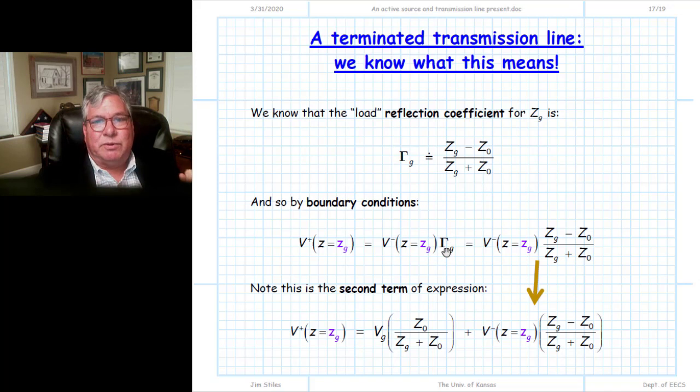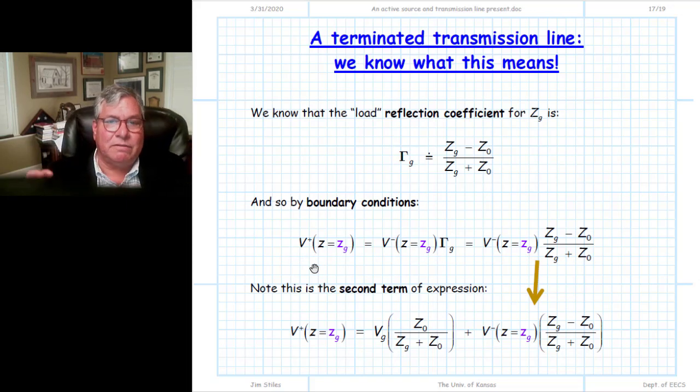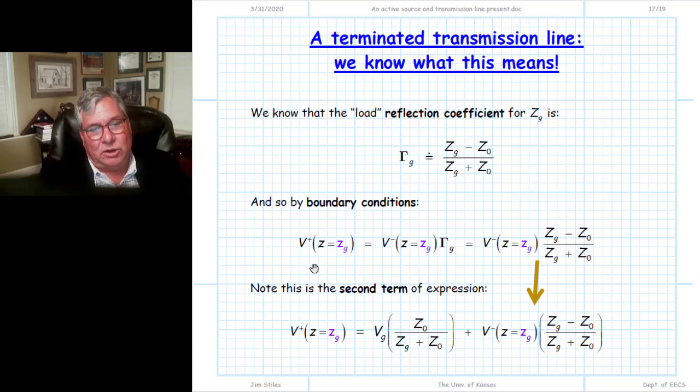Again, this is where students run into trouble because the incident wave at the load is the minus wave for this particular case. The wave propagating toward ZG, toward the source, is the wave propagating in the direction of decreasing z, and therefore is the minus wave. The minus wave is incident. We multiply it by the load reflection coefficient, gamma G, and that gives us then the value of the reflected wave at that load location.